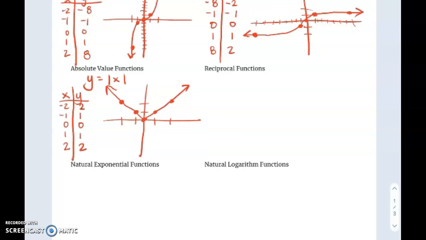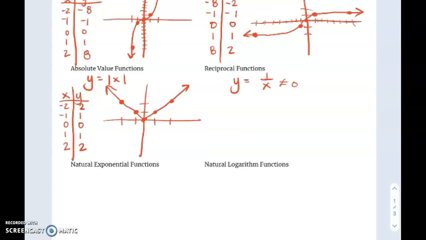Reciprocal functions, so that is y equals 1 over x is the parent function. And now we do have a denominator, so that means the domain is restricted whenever that denominator equals 0. So we have a restriction at 0, which means this has domain negative infinity to 0 and then 0 to infinity.